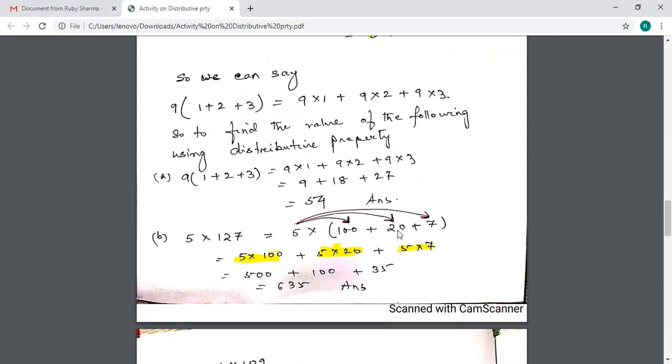Do you remember? The place values, isn't it? The sum of the place values, or you can say the expanded form. I've already done all this. So 127 will give you 100 plus 20 plus 7. And just now we learned that this is equal to 5 into 100 plus 5 into 20 plus 5 into 7. It is distributed to each member of the group.